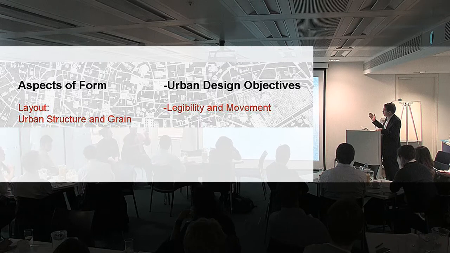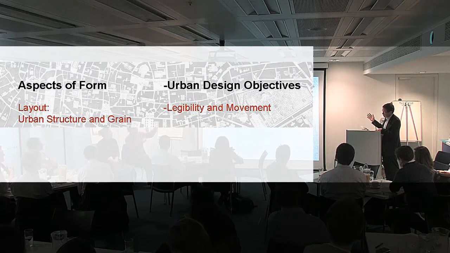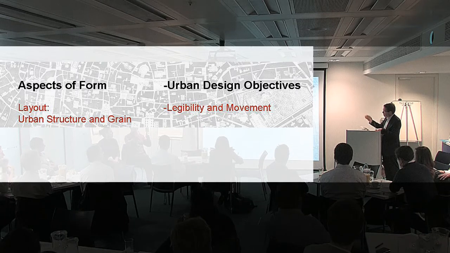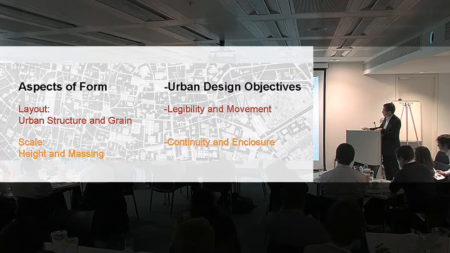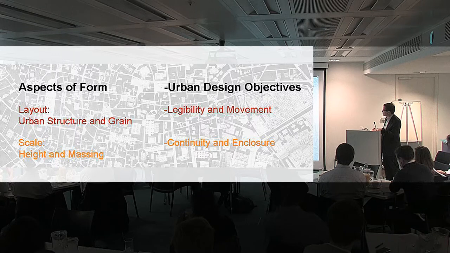So we talked about legibility and movement at the big scale that I was talking about. For example, King's Cross Station as a blockage to east-west movement. That's pretty much there forever, and that's part of the aspect of form that's represented, the urban structure and grain, the large-scale things that we see on the plan of the city. Continuity and enclosure achieved by buildings for the most part.